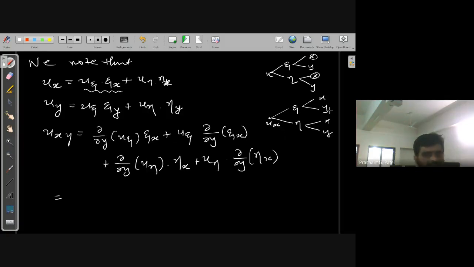Now, as I told you, u xi is a function of xi and eta, and xi and eta are functions of x and y. We can apply this rule here, that is the chain rule for partial derivatives, which will give you u xi, because first it is a derivative with respect to xi and then u xi derivative with respect to x.